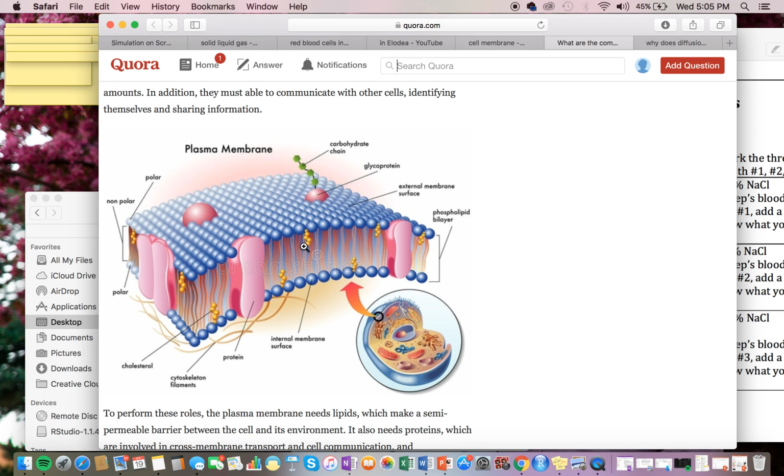So things that can go through are small particles that can kind of squeeze past this. Even small charged molecules can make it past, like water, for example. Water is very small, and so it can be attracted to this hydrophobic region and then squeeze through these tails and come into the membrane.